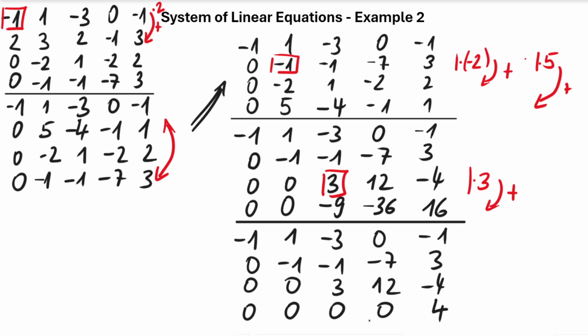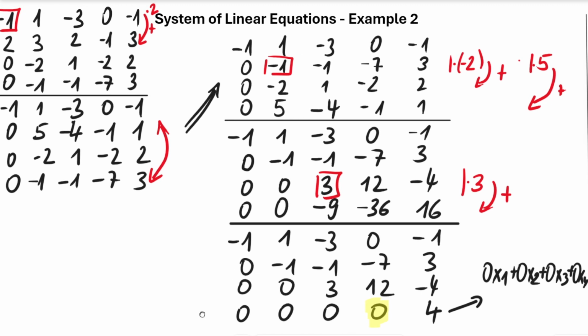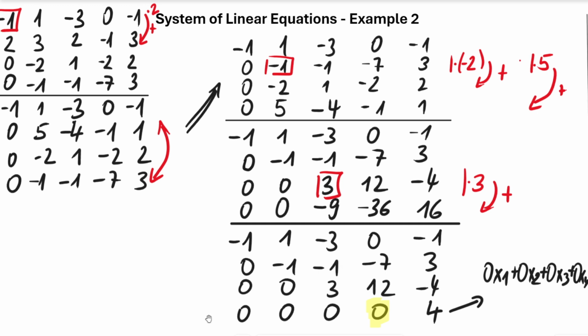So this actually is random, that here we got a 0. So what does it mean? What does the last equation here mean? This means actually 0 times x1 plus 0 times x2 plus 0 times x3 plus 0 times x4 is equal 4.